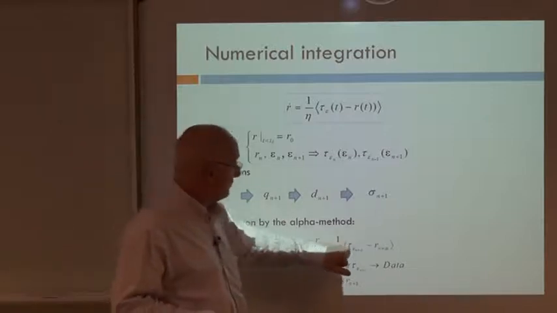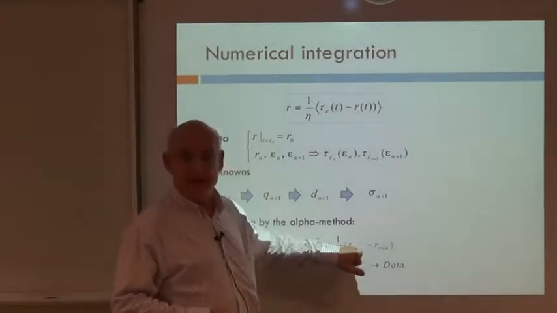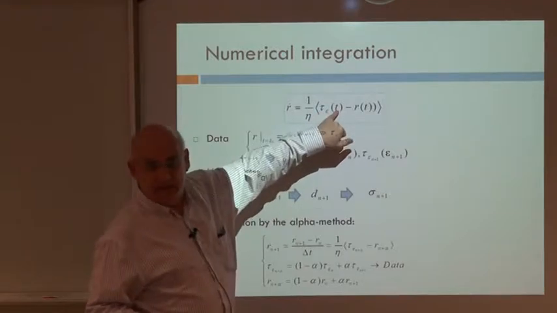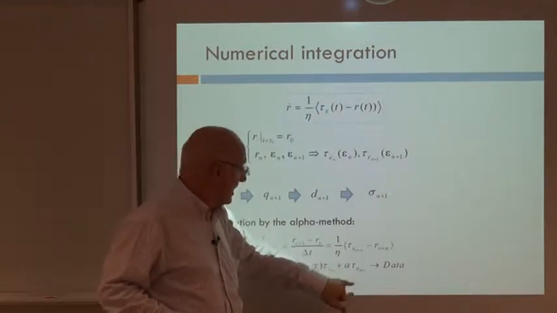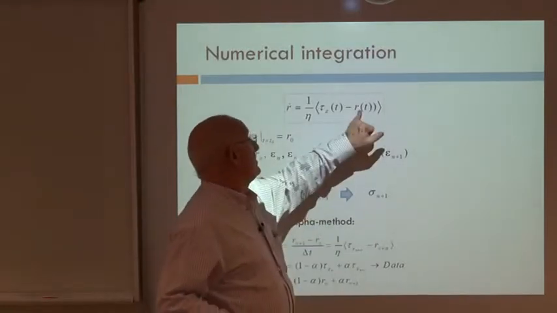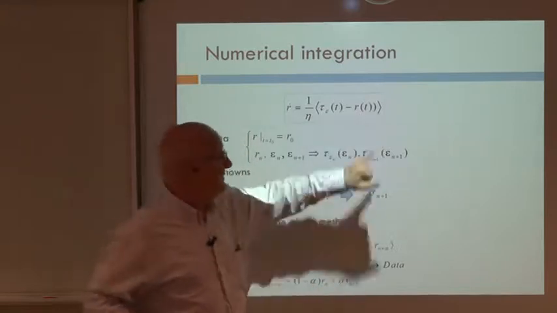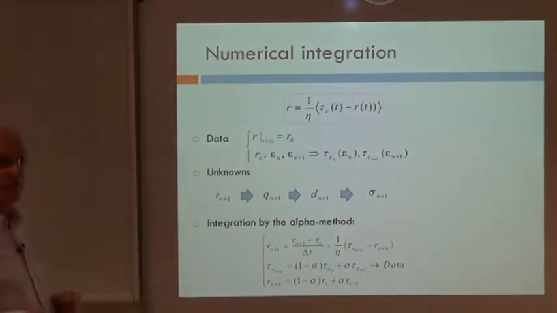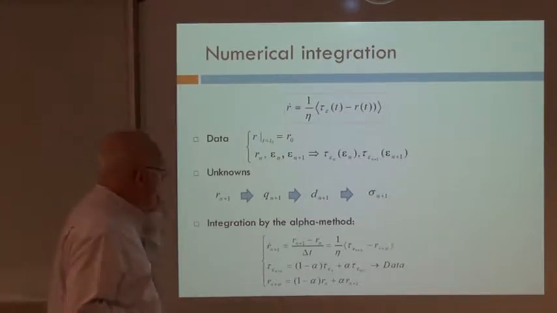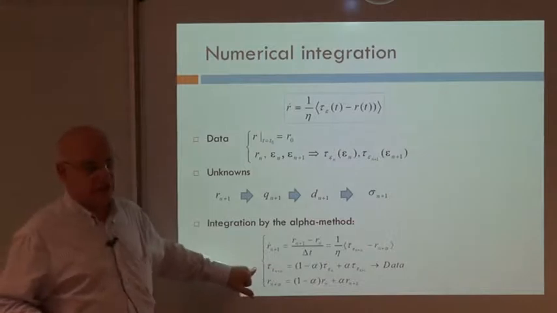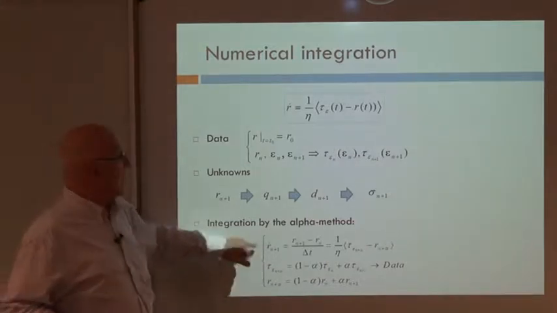So tau epsilon n plus alpha means that we are evaluating tau epsilon at time n plus alpha, and R n plus alpha is the value of R at this time n plus alpha. Where? We'll see. But in the interior of the time step. And now we do the parameterization or the interpolation as we did here.